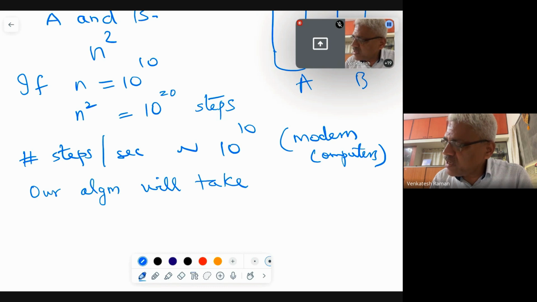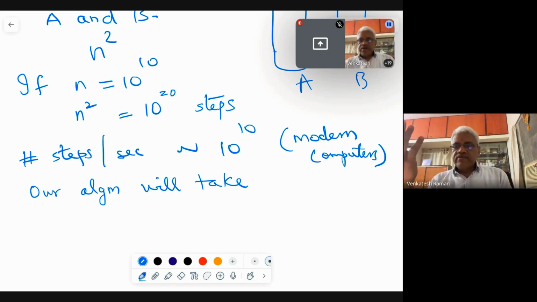Is the question clear? My n square algorithm, n is 10 power 10, so it's 10 power 20 comparisons. But I want to know how many seconds, how many minutes, how many hours the algorithm will take. So I want to translate 10 power 20 steps to number of seconds, and I'm going to make a realistic assumption that you can perform 10 power 10 steps in 1 second. So if I want to perform 10 power 20 steps, how many seconds will it take?